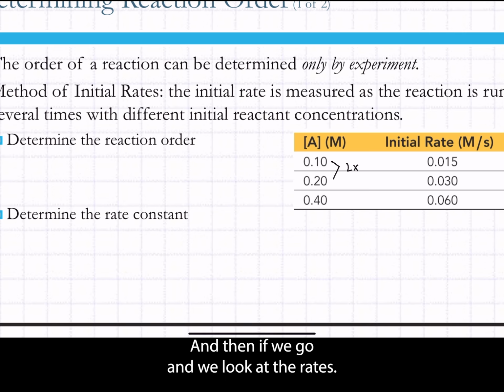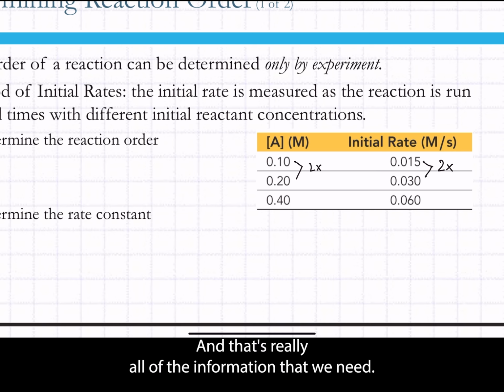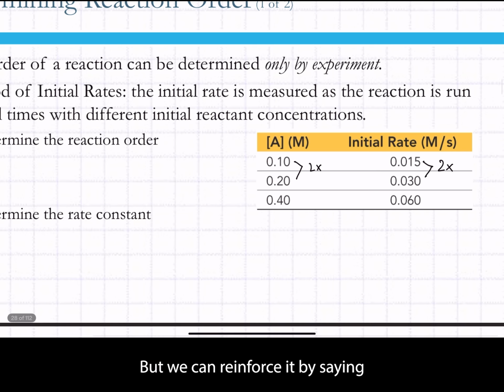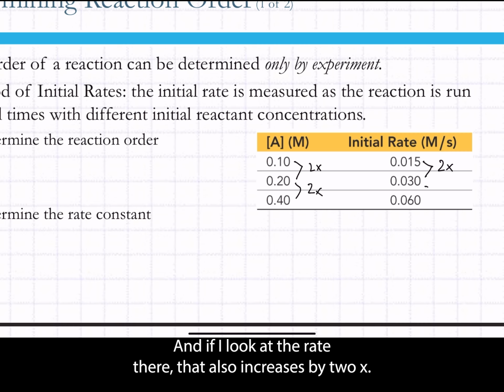And then if we look at the rates, the rate goes from 0.015 to 0.03. So it doubles also. That's a 2x increase in rate. That's really all of the information that we need, but we can reinforce it: if we go from 0.2 to 0.4, that's also a 2x, and the rate there also increases by 2x.